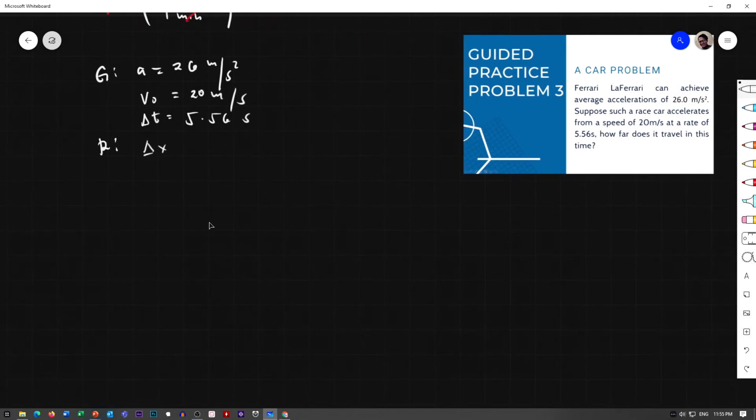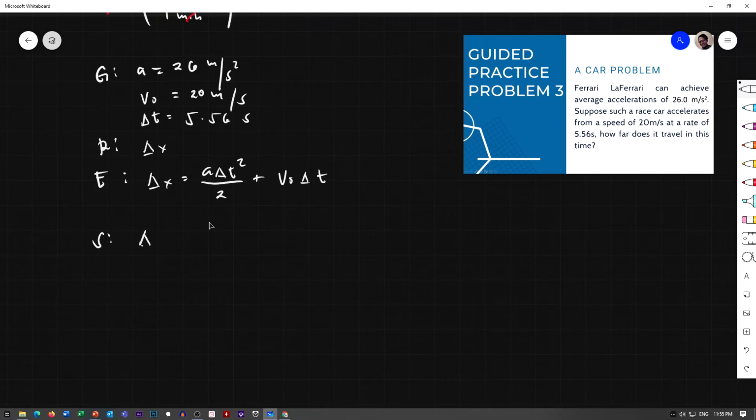There. Okay. So our equation is delta X is equal to A delta T squared over 2 plus V sub 0 delta T. For our solution, this is already written as it is, so you can just substitute.